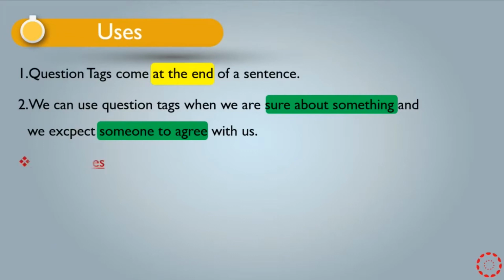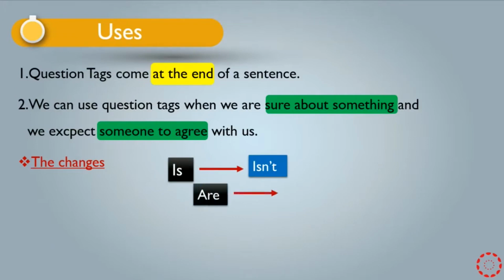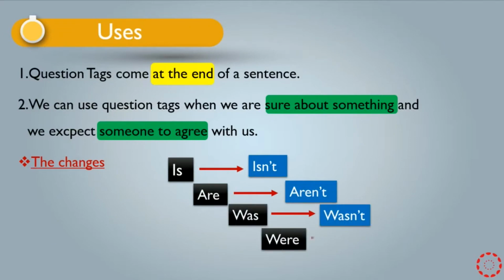And we have now some changes, okay? Let's see what changes happen in the question tag. First of all, is became what? Isn't. Okay, are became what? Aren't. Was became what? Wasn't. And were became weren't. These are called the verb to be. Is and are are the verb to be in present, and was and were are the verb to be in past form.